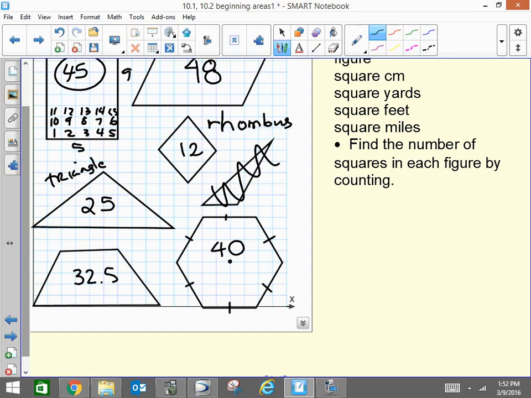All right, so add up your totals. About this triangle again, because I think I switched that. Then we'll see who the real winner is. What did you get? 45, 48, 12, 25.